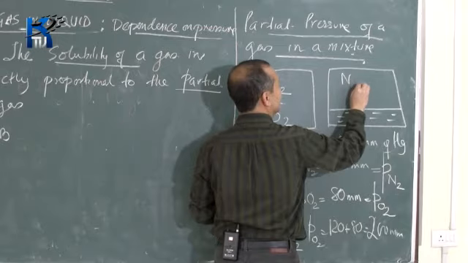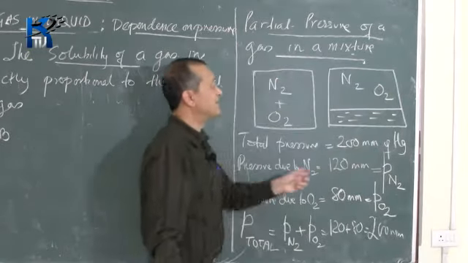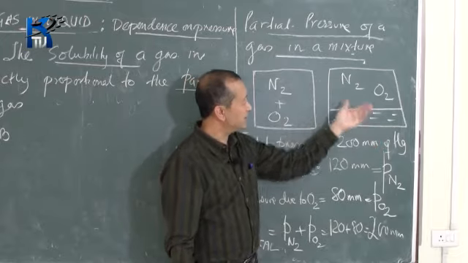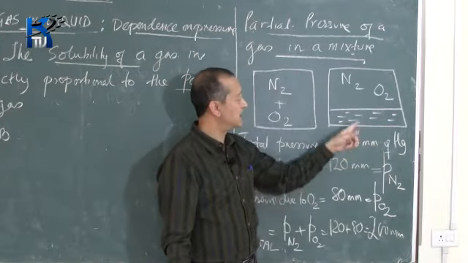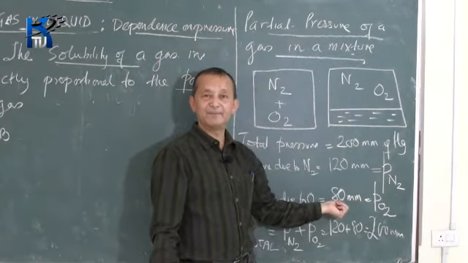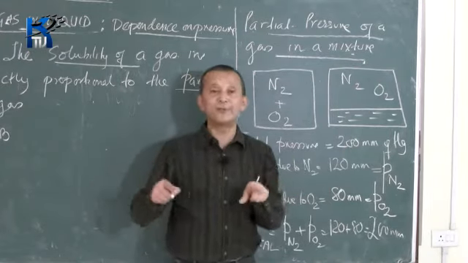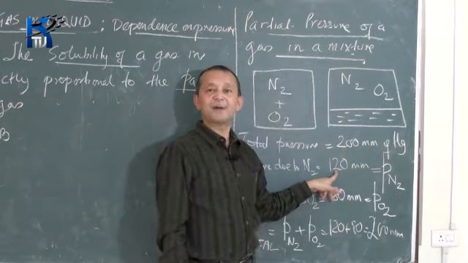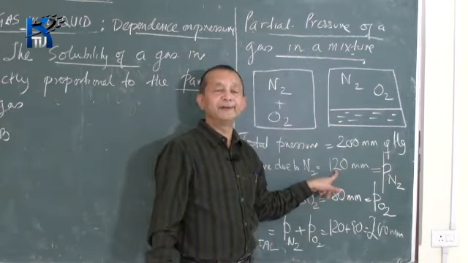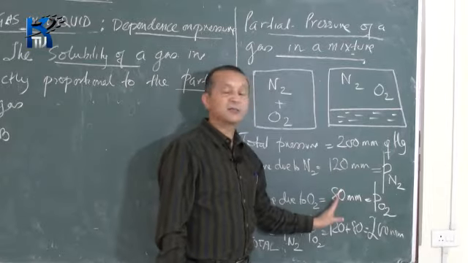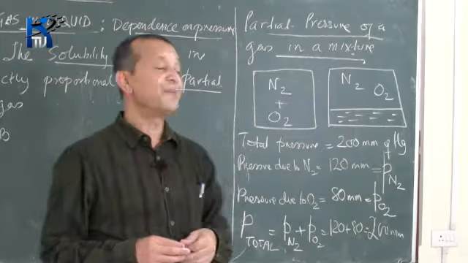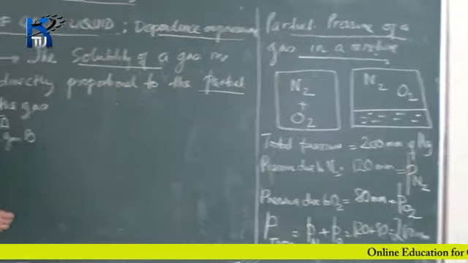Now you can see from here the total pressure is 200, but the partial pressure of nitrogen is 120 mm and the partial pressure of oxygen is 80 mm. According to Henry's law, which gas will dissolve more? Nitrogen will dissolve more, because the partial pressure of nitrogen is more. More the partial pressure, more will be the solubility. Partial pressure of oxygen is only 80. So, compared to nitrogen, less amount of oxygen will dissolve. So, this is how we explain Henry's law.